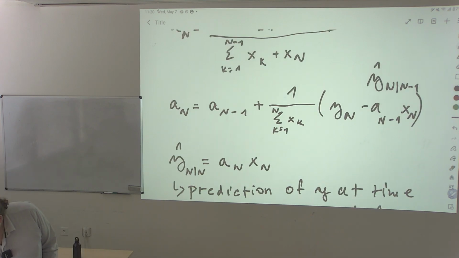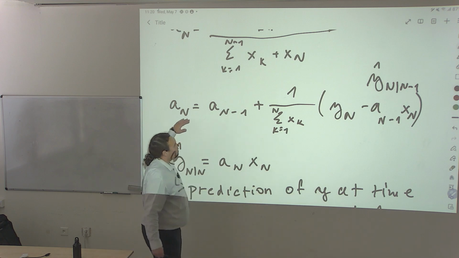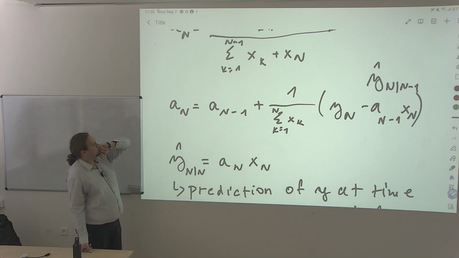Okay, and this is basically how our recursive estimation is now working.